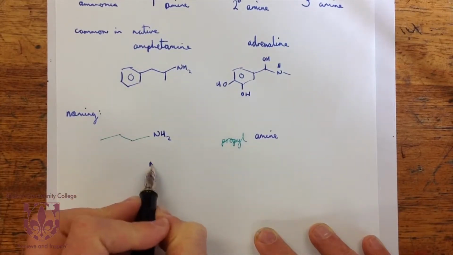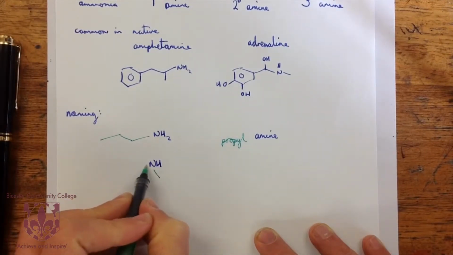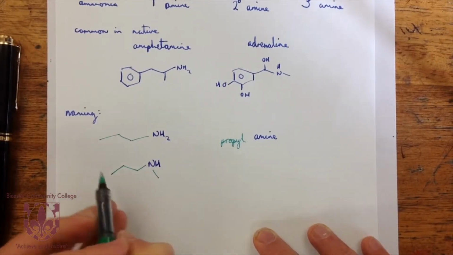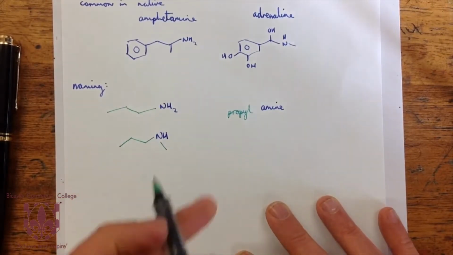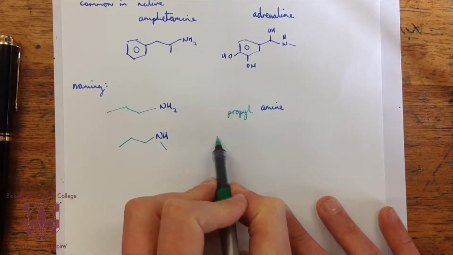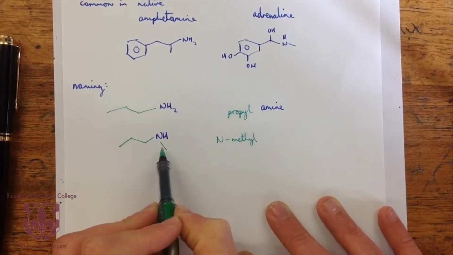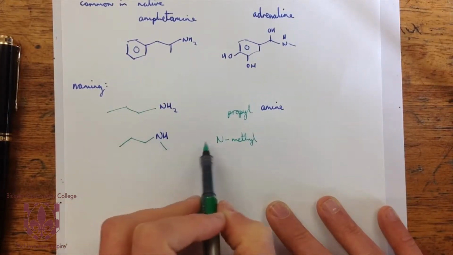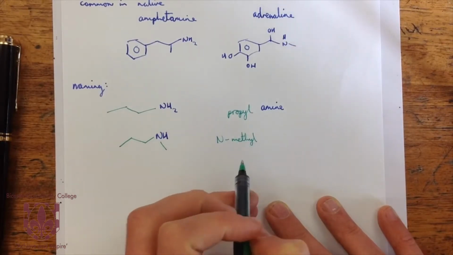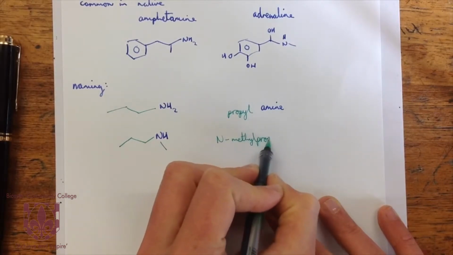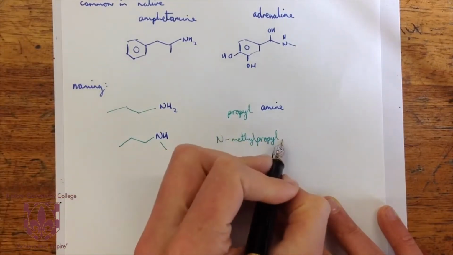If we look at some other examples, where we have a 3-carbon chain coming off and a 1-carbon chain, we say this is N-methyl, and that tells us we have a methyl side chain and it's on the nitrogen. So this one here is N-methyl, and then propyl, that's the longest carbon chain, amine.